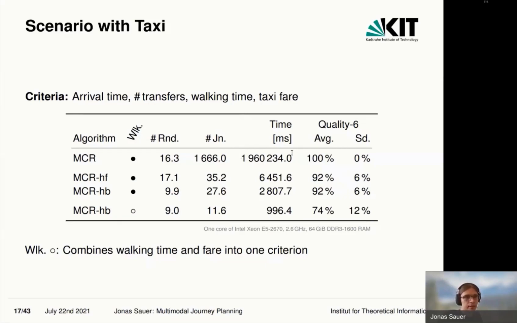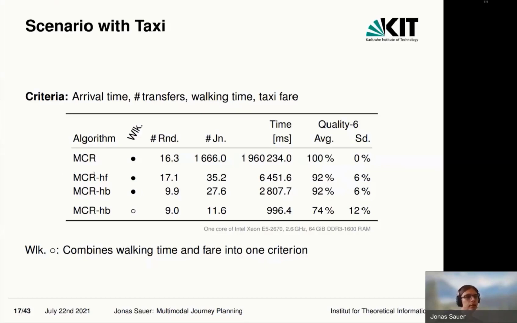So that's astronomically high, and we see that indeed the number of optimal journeys grows exponentially with the number of criteria, and 4 criteria are already intractable if we want to compute the whole Pareto set.